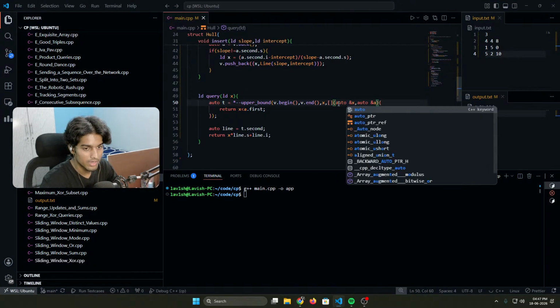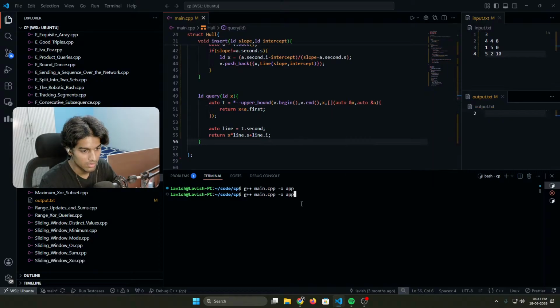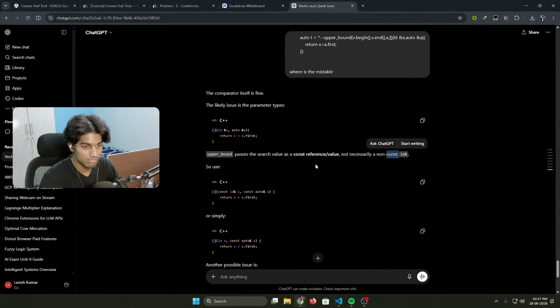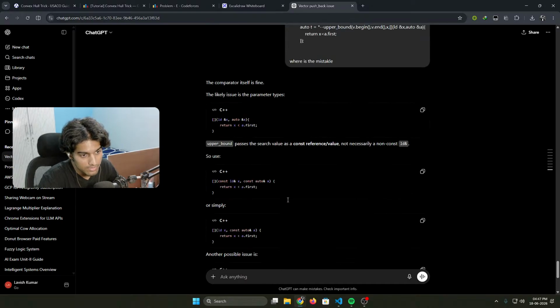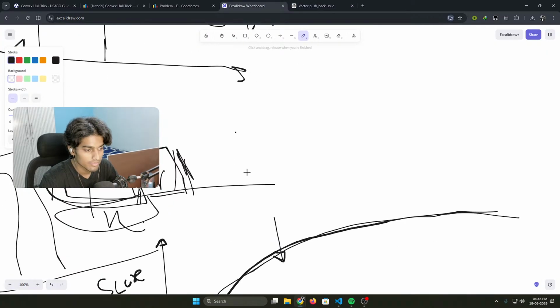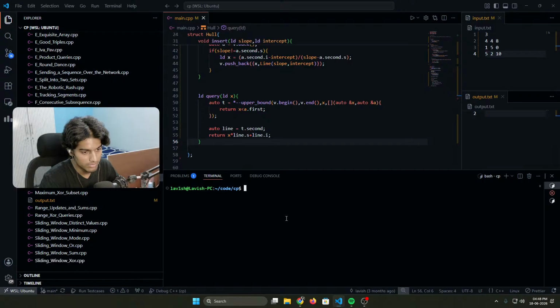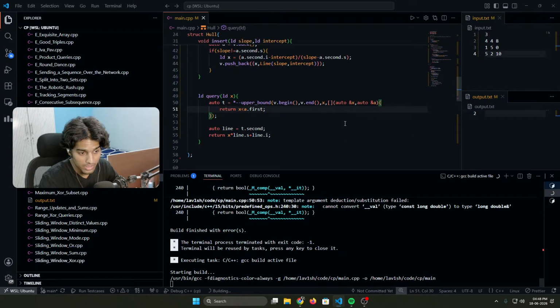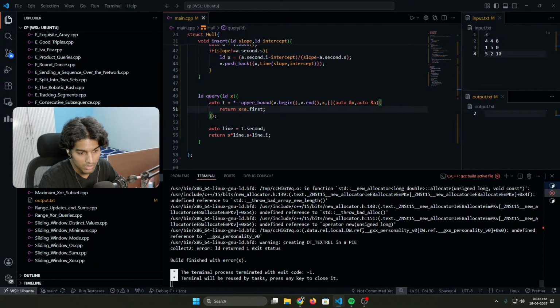What about if I just do auto? Okay, so makes sense. So what is the parameter type? Okay. So it should be working. Should be fine now.